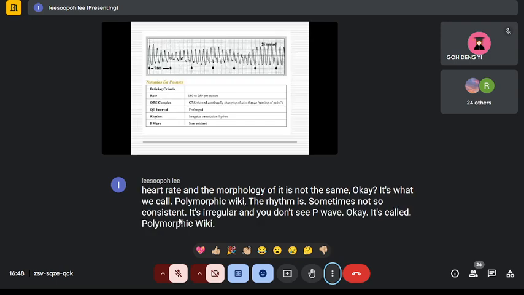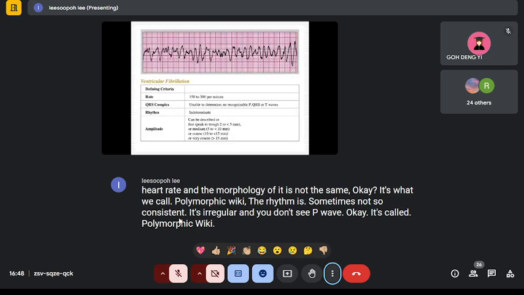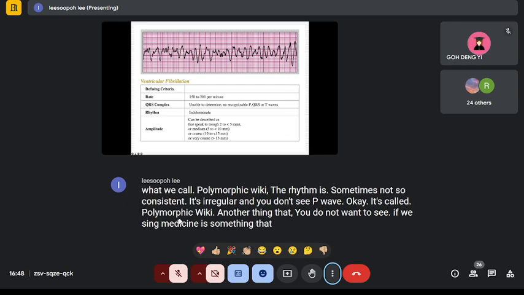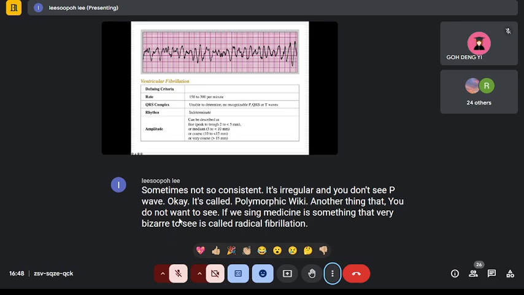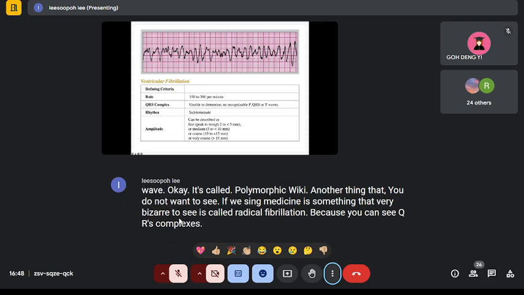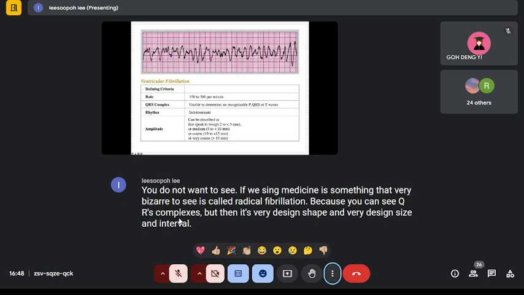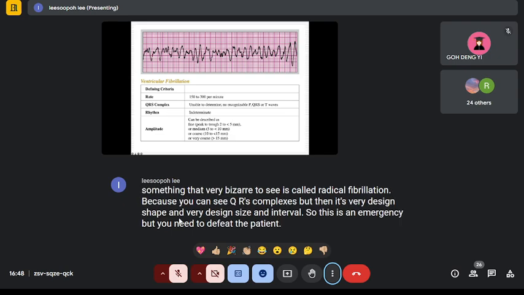Okay, about this one. This is another thing that you do not want to see when you are practicing, something very bizarre. It's called ventricular fibrillation. You can see QRS complexes, but they are very bizarre in shape, size and interval. This is an emergency where you need to defib the patient.